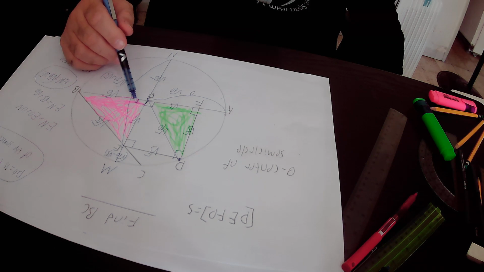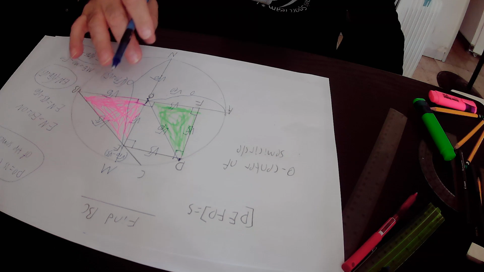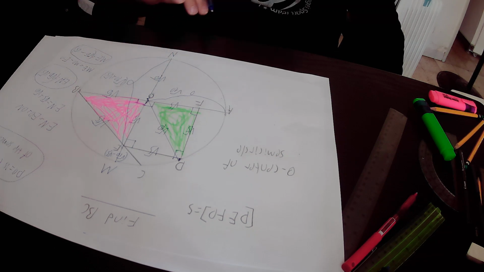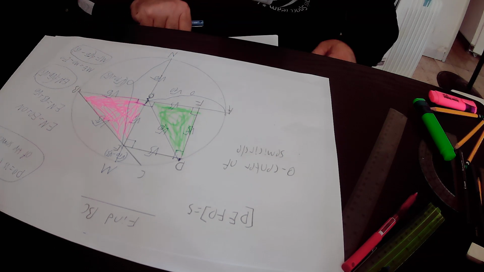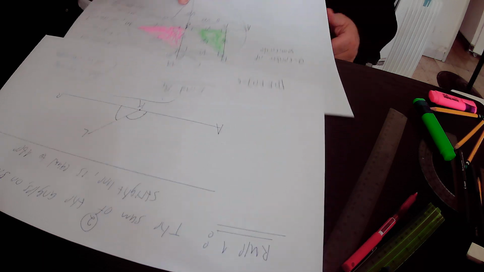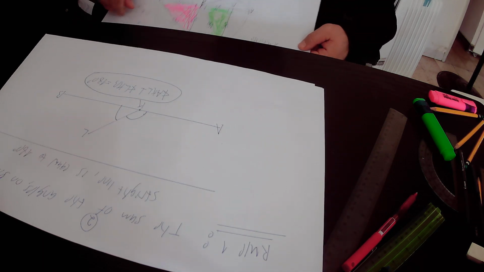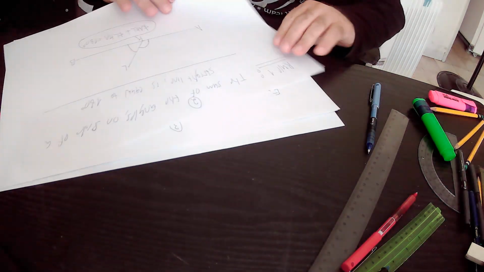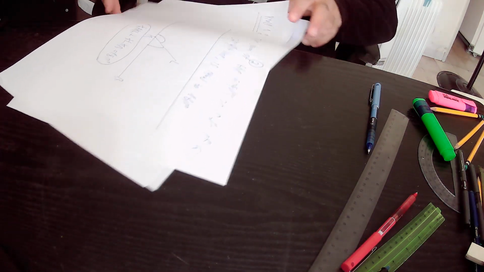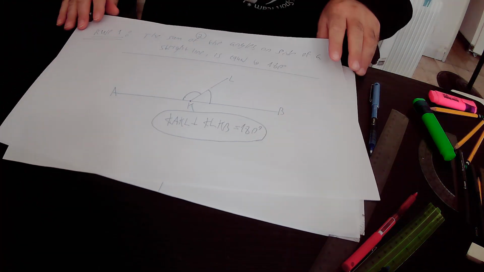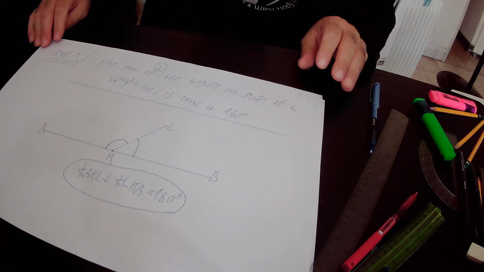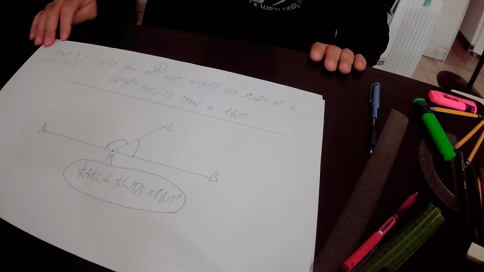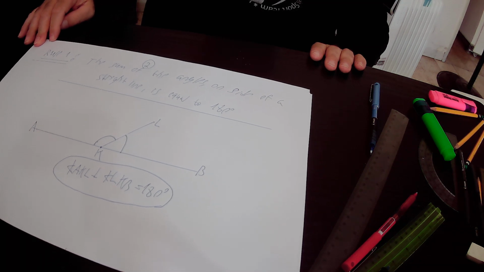So here, I presented to you a new rule, and we implemented the new rule in our drawing. According to the new rule, that is actually rule number 1, the sum of the angles on one side of a straight line is equal to 180 degrees.